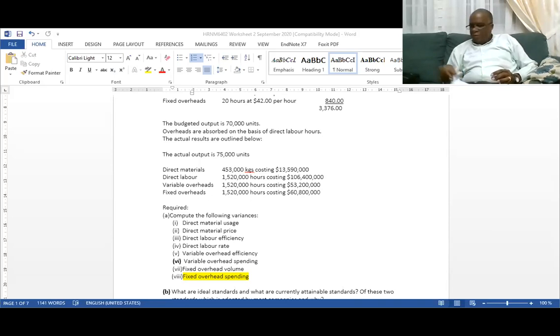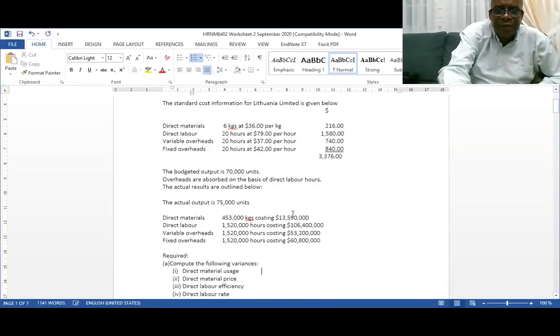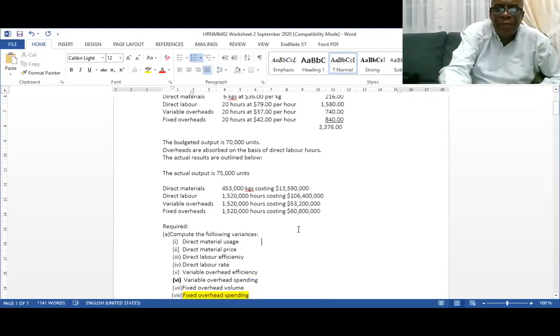Okay, so we can use the same principle now to look at the fixed overhead spending variance for Lithuania Limited. We can go to that. So we're back at Lithuania Limited.